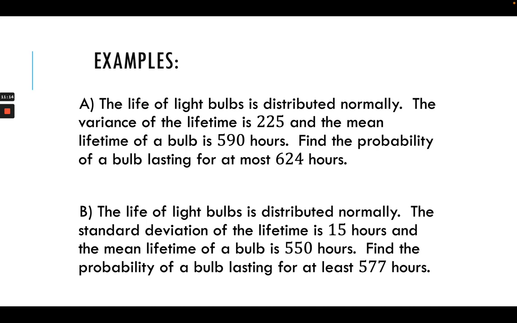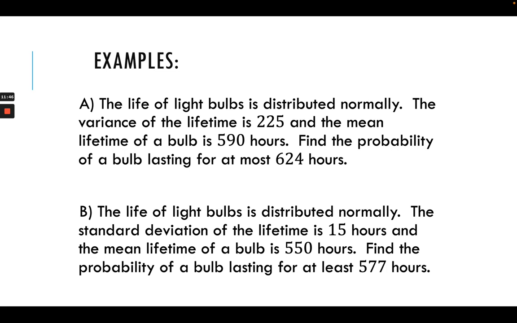And so as you're looking at A, you're given the mean and the variance. And so you want to keep that in mind, that in A you're given the variance. And so therefore you're going to have to square root the 225. Here on A we want to find the probability for at most 624, nothing beyond 624. You're just going up to 624.